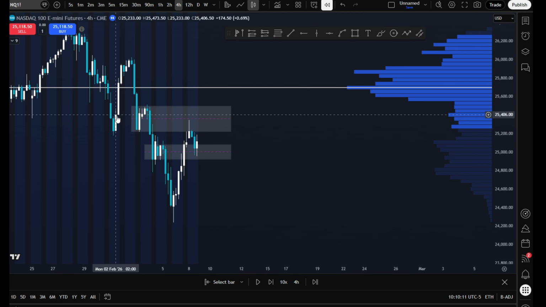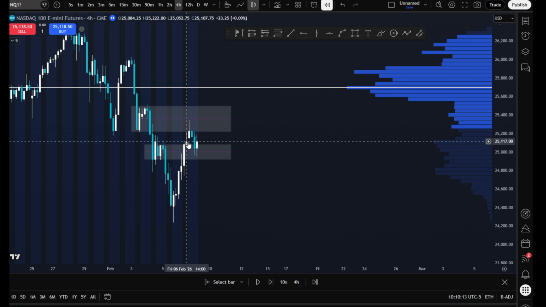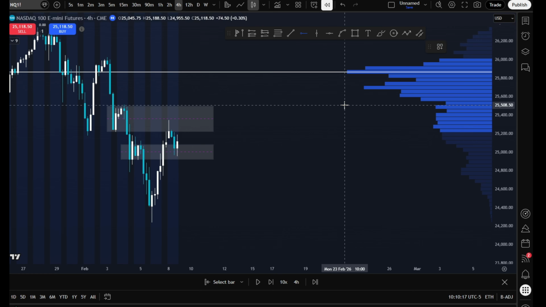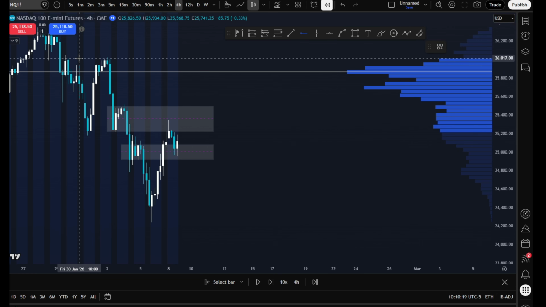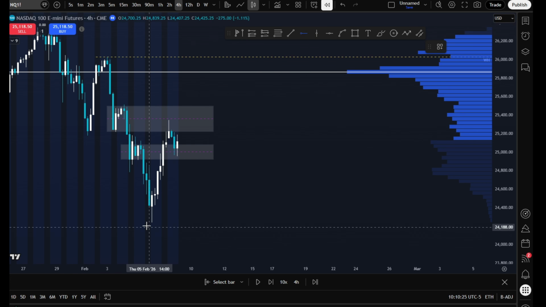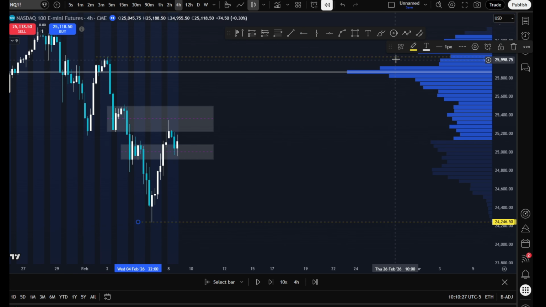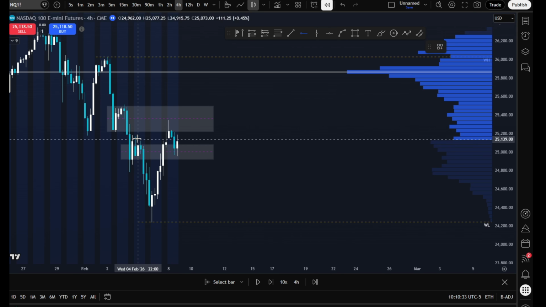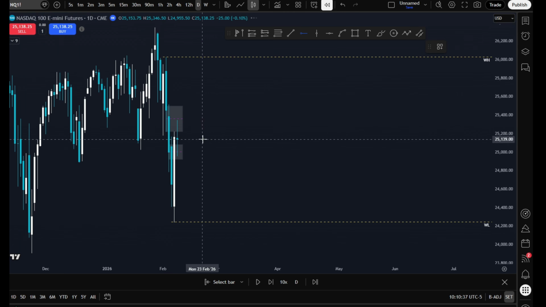So this is what I'm highlighting before the market opens today, and then jumping in and marking out the previous levels. So this is Tuesday. This is the weekly high, and you have the weekly low. And also here is Wednesday, so we go by daily.